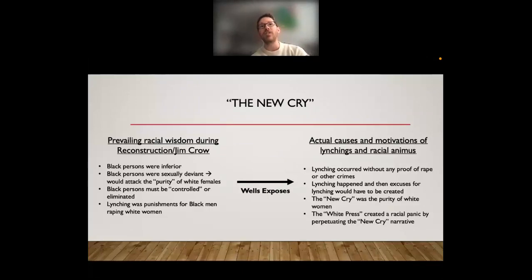That would be the first time the media or the public would raise the issue. And so the white press and white elite created, quote unquote, the new cry to legitimate lynching, and this new cry was the purity of white women. And so the white press then created a racial panic, perpetuating this rape cry narrative, and Wells exposes the falsity of this.